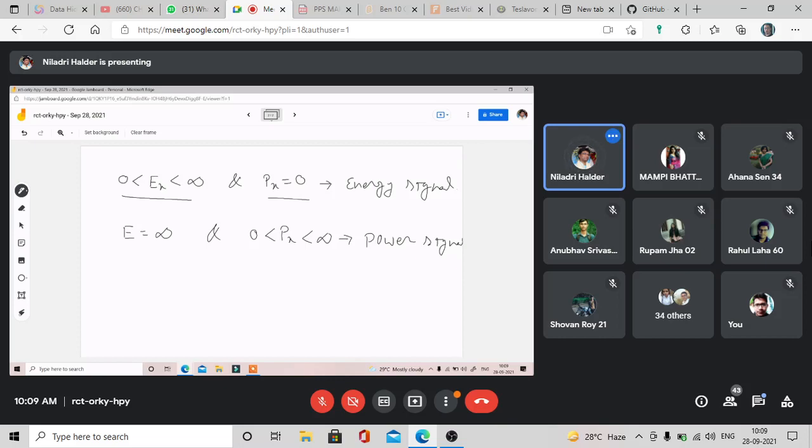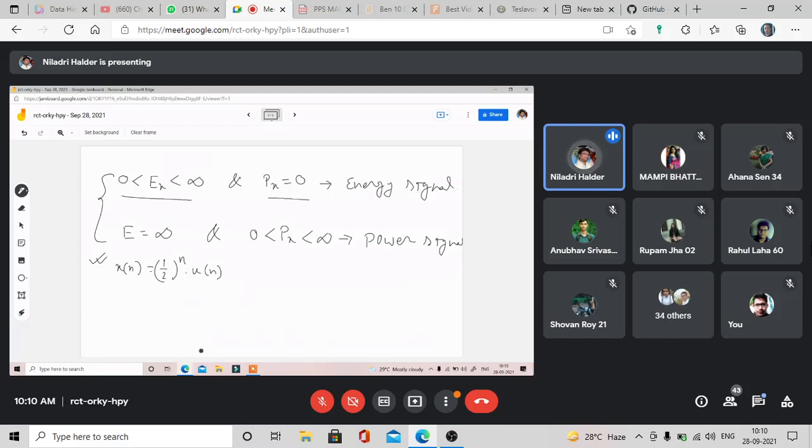Okay. So depending on these two conditions, you have two values. Suppose xn, for an example, is half to the power n un. Is this an energy signal or a power signal?